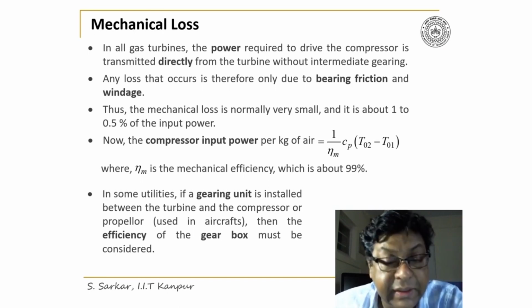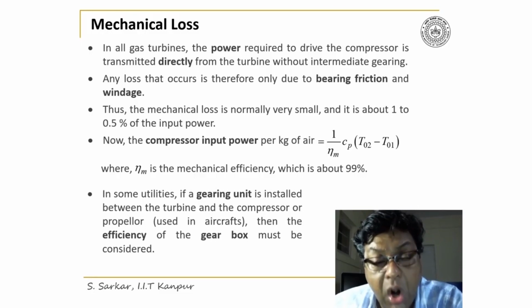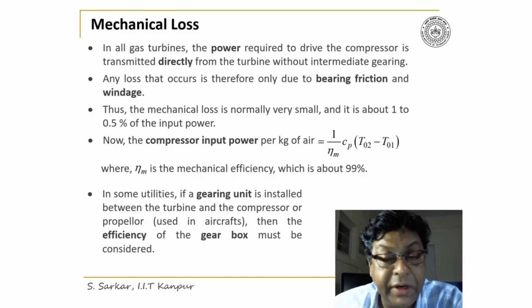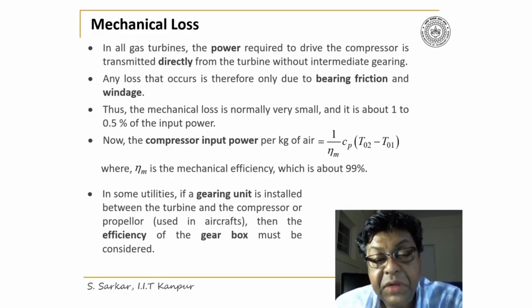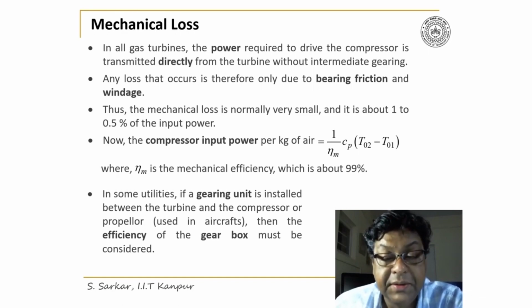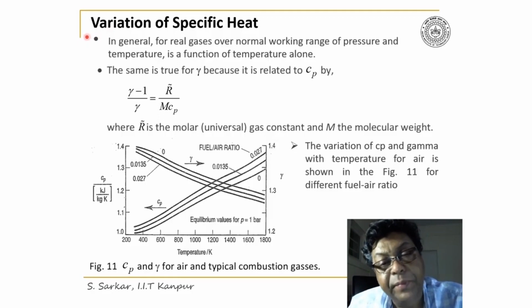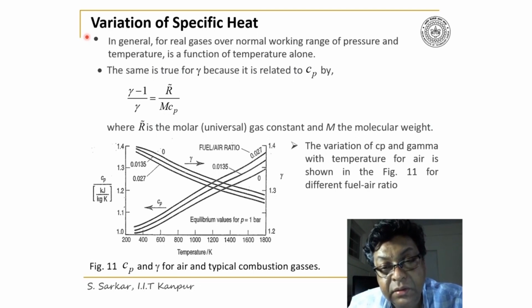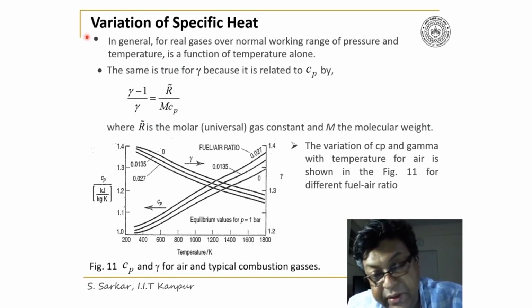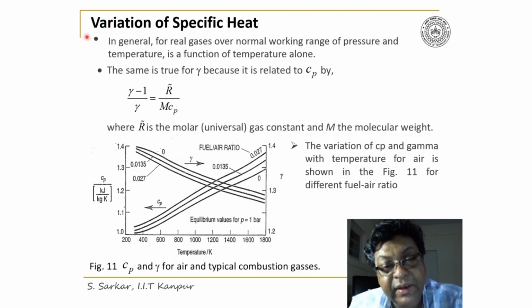In some units, if a gearing unit is installed between the turbine and the compressor, or between the turbine and the propeller, then the efficiency of the gearing unit must be considered. Regarding variation of specific heat Cp, I'd like to say that for real gases over the normal range of pressure and temperature, Cp is a function of temperature alone.